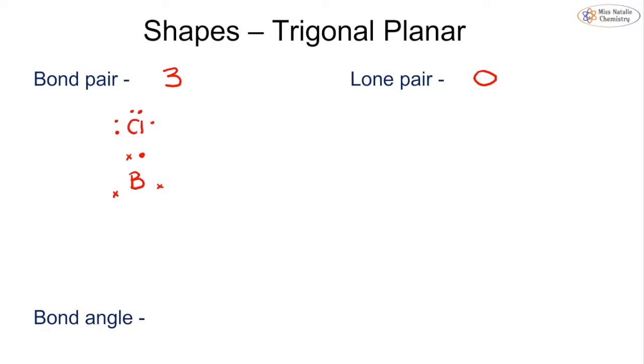Now in a dot and cross diagram, we obviously have to draw out the chlorine's electrons as well, but they have no effect on the shape. We're only looking at the electrons around the central atom. And what happens now is we have the boron with the chlorines like this.